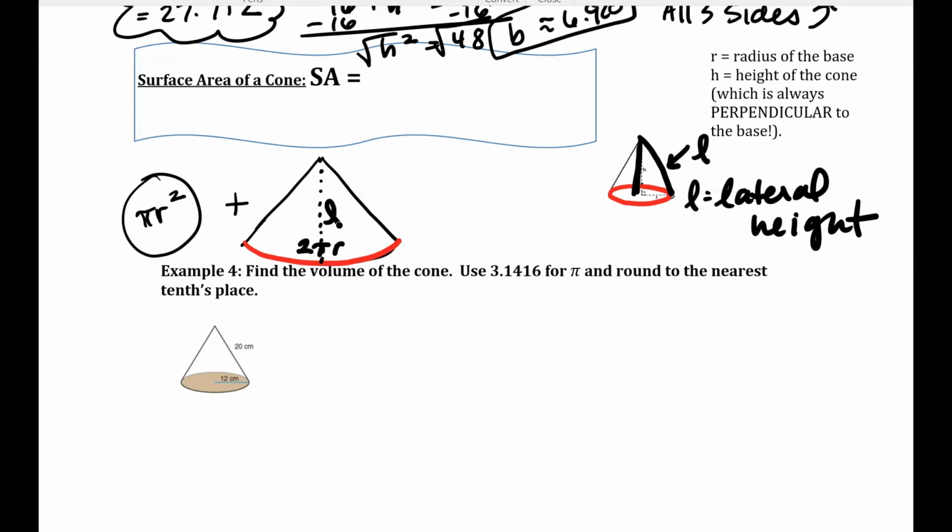So this is going to be called L. Okay, and so if we use our formula for a triangle, 1/2 base times height, we're going to do 1/2 2 pi r times L, and then if I simplify this, we get pi r L. Okay, and so we could write our formula as pi r L plus pi r squared.